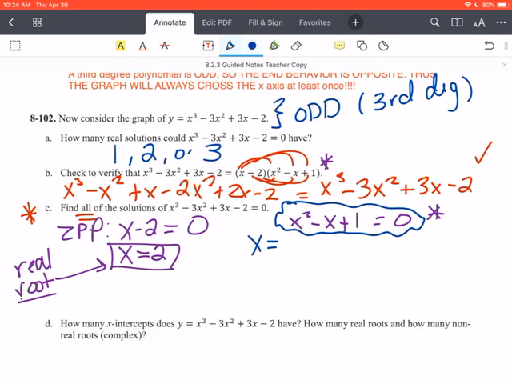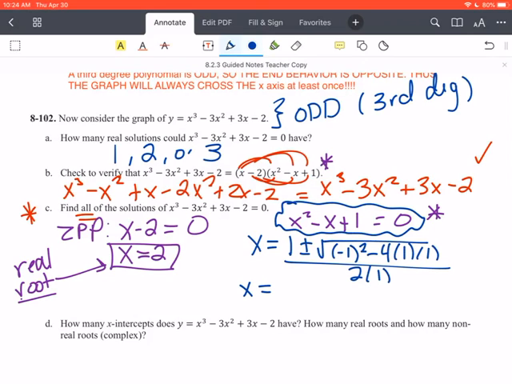So x equals the opposite of b, so 1 plus or minus the square root of negative 1 squared minus 4 times 1 times 1, all over 2 times a, which is 1. So when you simplify, you get 1 plus or minus the square root of, 1 squared is 1, and then 1 minus 4, so negative 3, over 2.